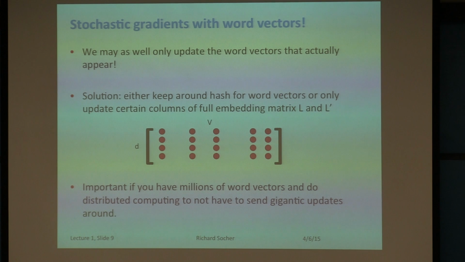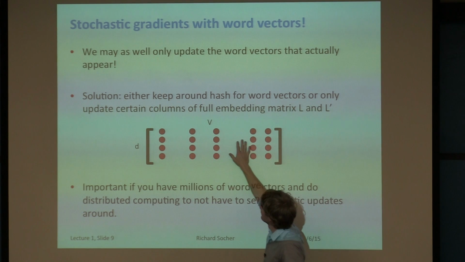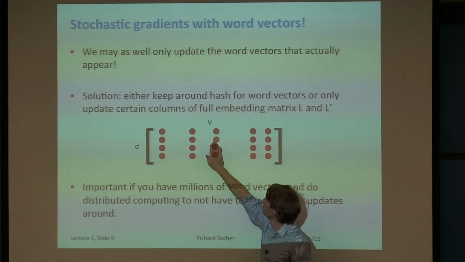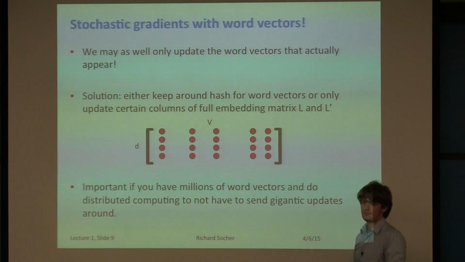So in practice, what you will actually want to do is either keep a hash for all your word vectors, and you look up a hash and have your gradients inside a hash, or you will have a sparse update where if you have your L and your L prime matrix, the lookup tables that include all the different vectors, you'll only update one vector at a time.